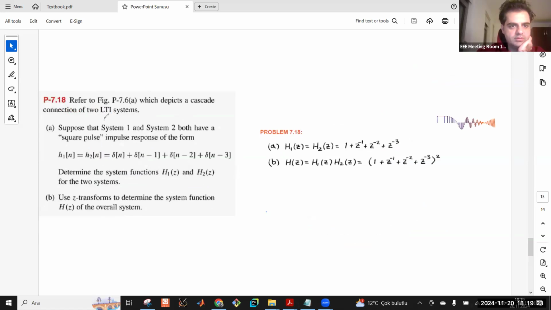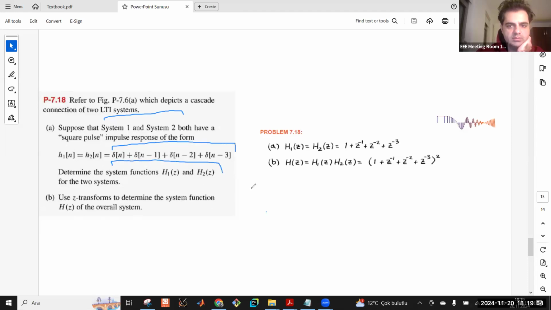In this question, we have two subsystems, and they have the same impulse responses. Both impulse responses are this. First, we find the system function. In the n domain, we call h[n] the impulse response. In the frequency domain, we call it the frequency response. And in the Z domain, we call it the system function.